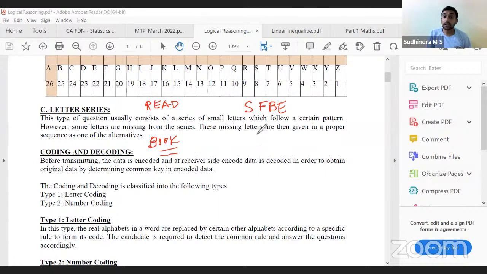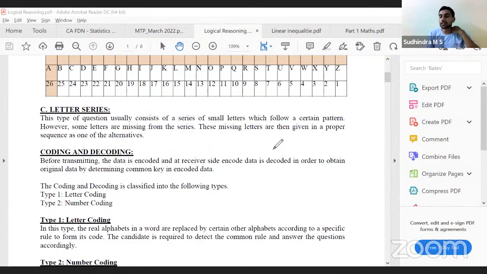One next letter of the alphabet. R's next letter is S. E's next letter is F. So such is the way they have coded that word. Similarly, we have to code book as C, P, P and L. So we have to identify how they have coded.